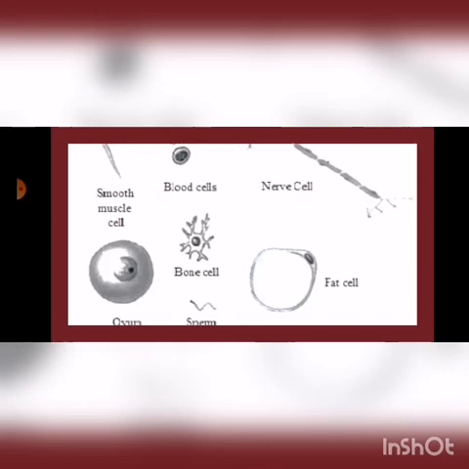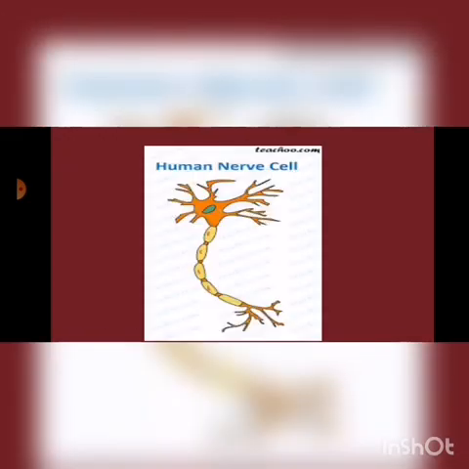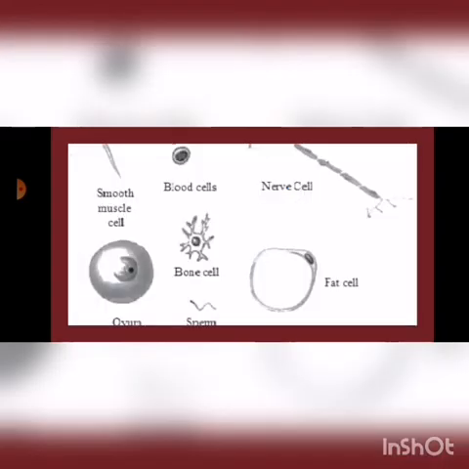It is not necessary that the cells of a large animal such as an elephant will be larger than the cells of a small animal such as a rat. The size of the cell depends on the function it performs. For example, nerve cells of a rat and nerve cells of an elephant perform the same function and hence are of the same size.